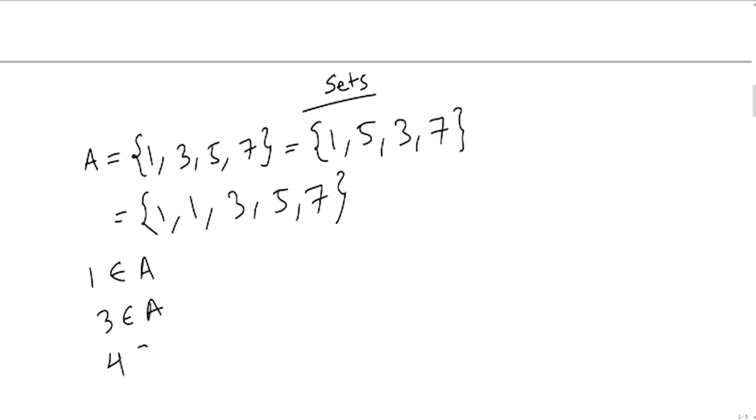No, right? So we write that 4 is not an element of set A. Apart from numbers, you can also think of characters or strings, right? They can also make a set.